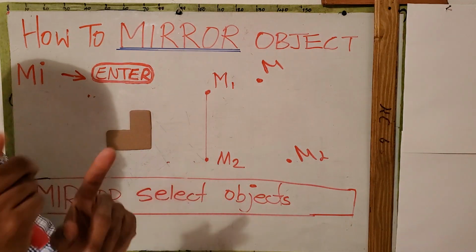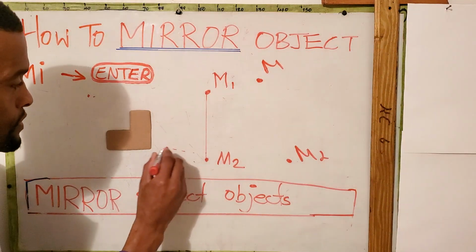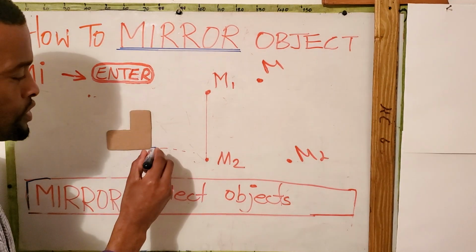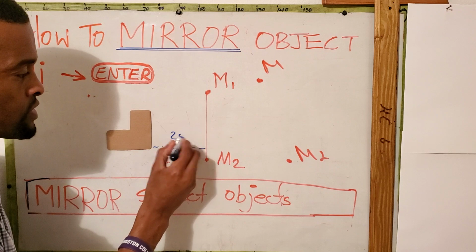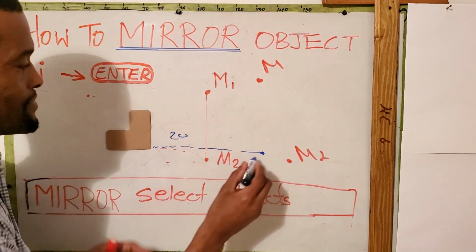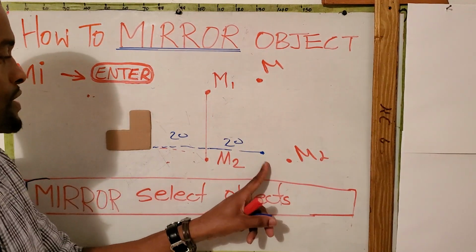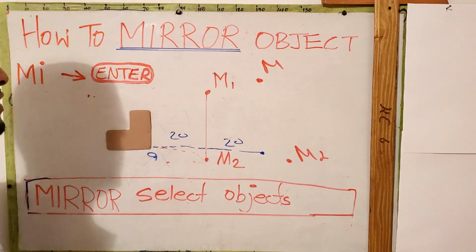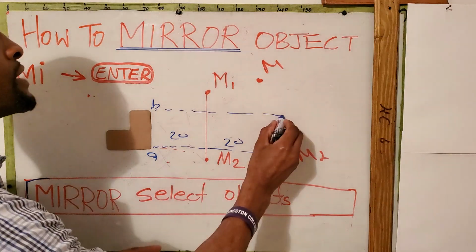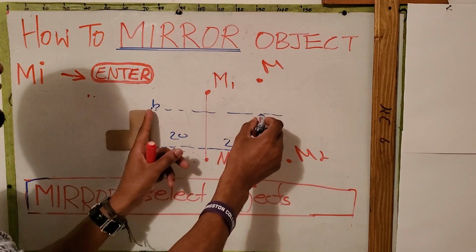All right. Something that you must be aware of is that if from here to here is say 20, this point will be created 20 millimeters on this side if this is A. In like manner, if this point is B, the mirror point will be created 20 millimeters from this.